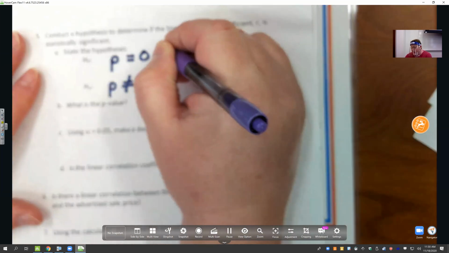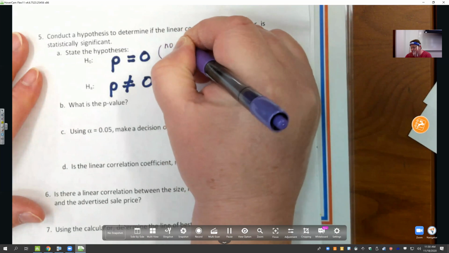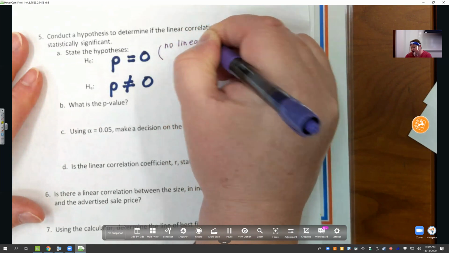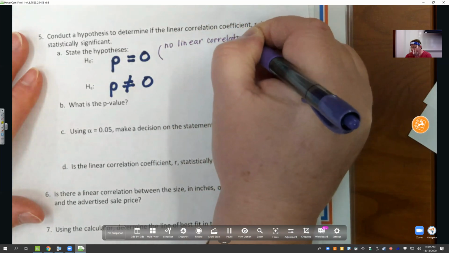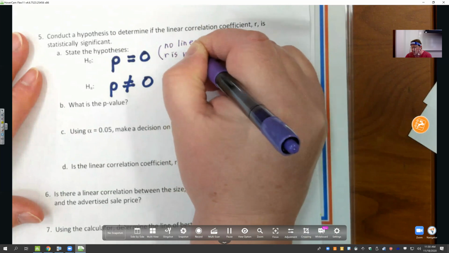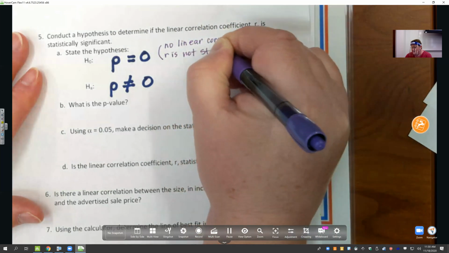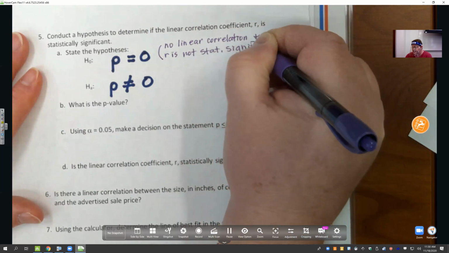Remember, when rho is equal to 0, there is no linear correlation, and R is not statistically significant. We talked about that last week.